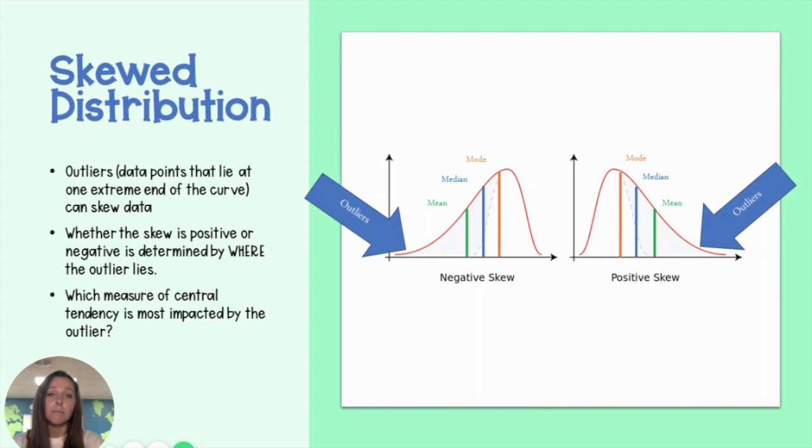But if I was to put all those scores in numerical order and find the median, what would the median be? 50. And that's a much better representation of the scores because the median really eliminates the outlier.